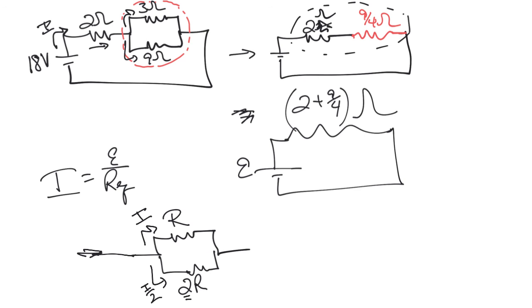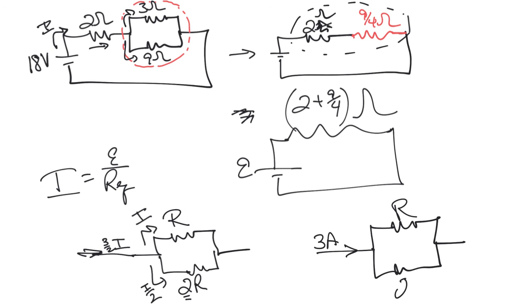That's I plus one half I. So that's 3/2 I. So a lot of times you'll see this as like, ooh, what if 3 amps comes in here? And here's an R and here's a 2R. You know that they have to add up to 3 and that there's twice the current that goes through R. So 2 amps is going to go there, 1 amp is going to go there. So it ends up being a lot of sort of math games like that. All right, I hope this helped. All right, bye.